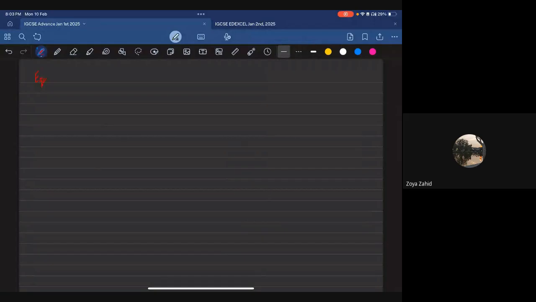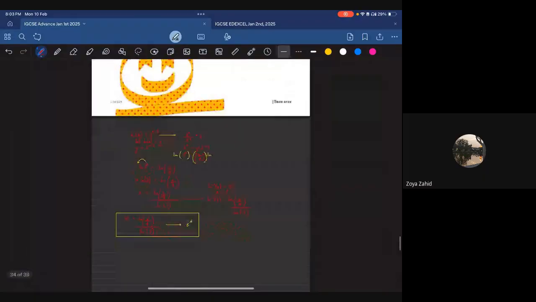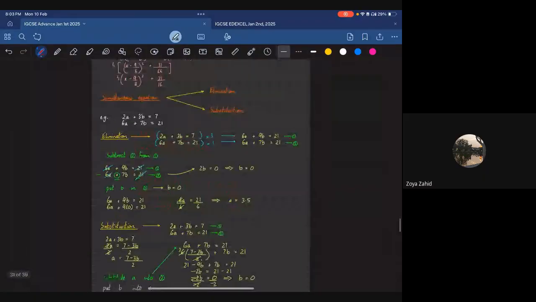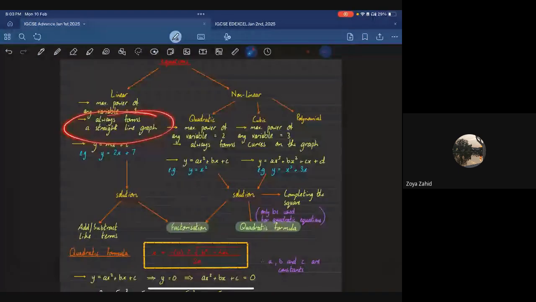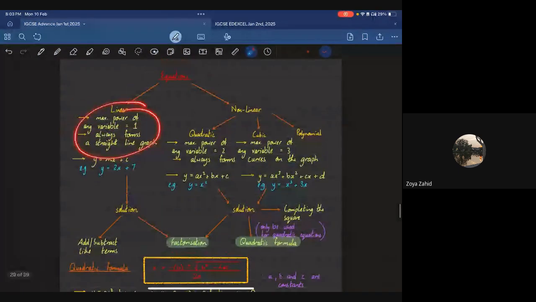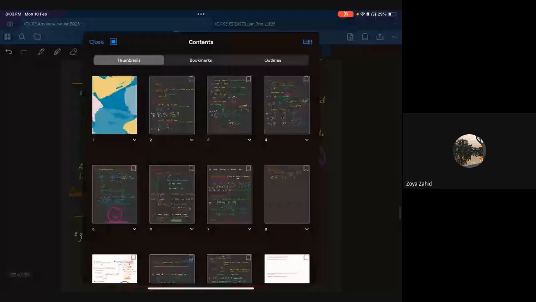We saw in our last class, and a few classes ago, that equations, regardless of whether they are linear or quadratic, non-linear, whatever they may be, are going to form some particular graphs. Linear equations always form linear graphs, or you can say straight line graphs, whereas non-linear equations give you curves on the graph. We'll see today how those curves come in.